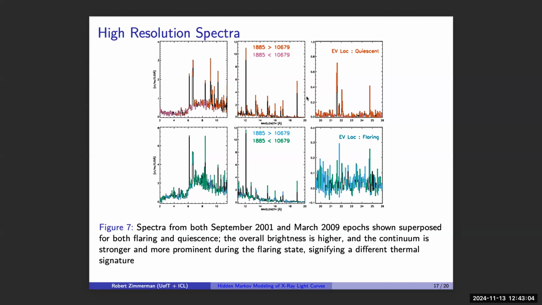It's also supported by full spectral analysis that you get similar temperatures and normalizations for the quiescent state, and these are data that are separated by nearly 8 years, and the quiescent state remains exactly as it was.